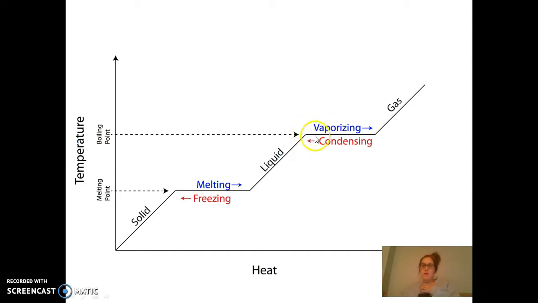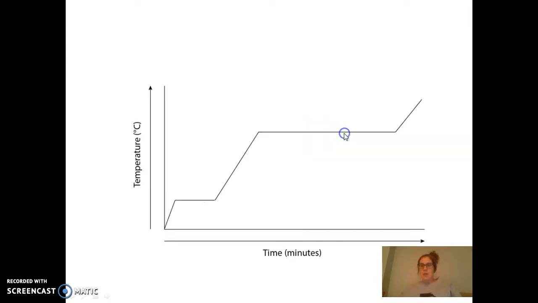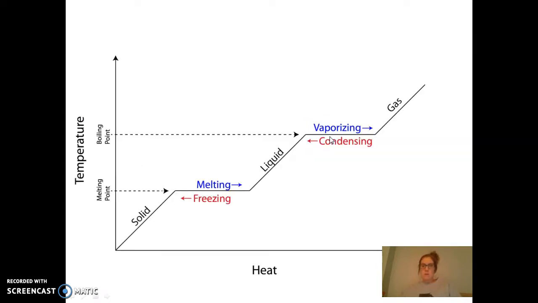Again, during a phase change, the temperature itself is not going to change, and it's going to stay constant until all of it has turned into a gas, and then the temperature will rise again. If you're going in reverse and you're taking away heat, the gas would come together until you hit that boiling point, then it would condense, and then turn back into a liquid, freeze, turn back into a solid.